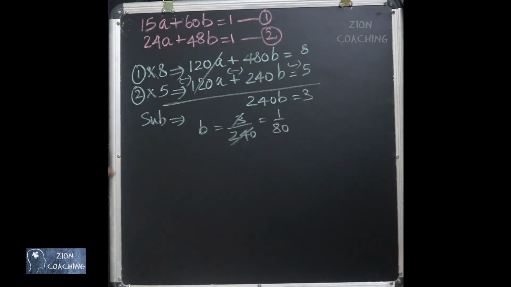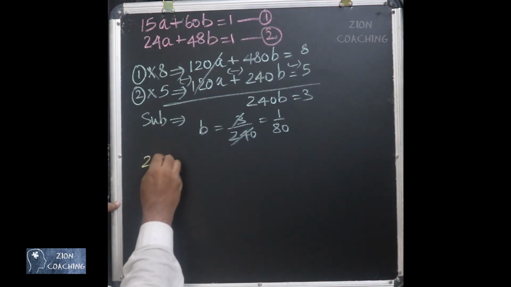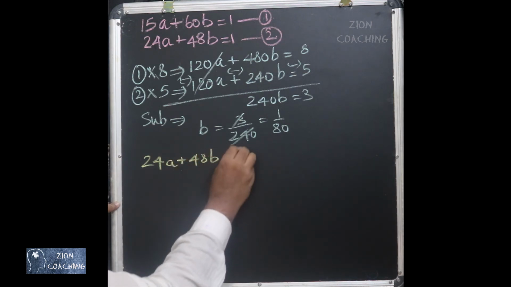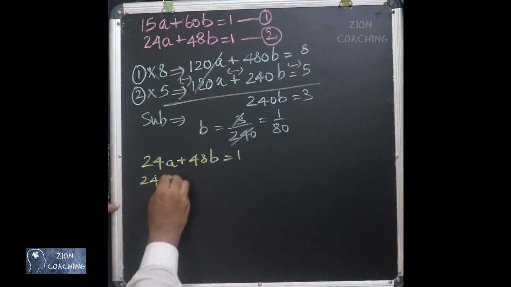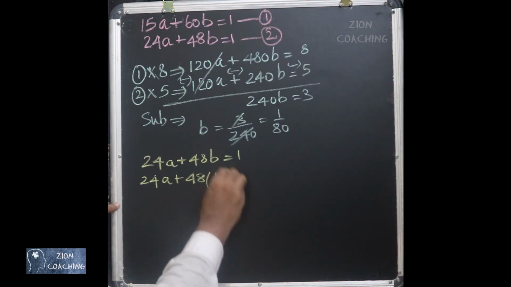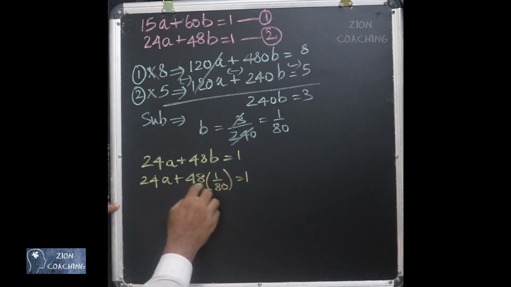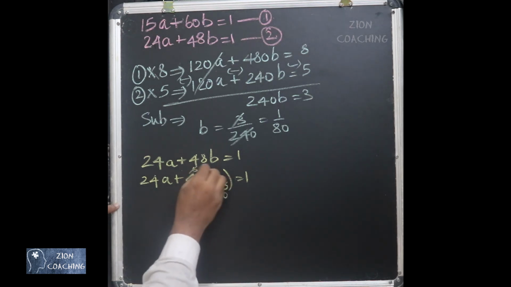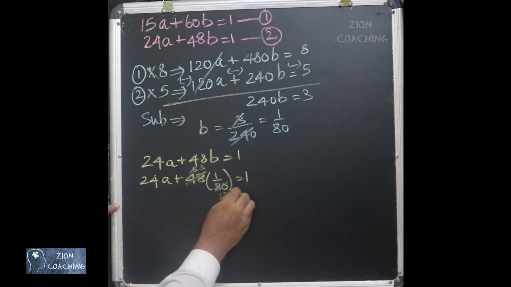Now we have found b value. Substituting this in any one of the equations, we are going to find a value. We have 24a plus 48b equal to 1. 24a plus 48 into 1 by 80 equal to 1. Now dividing both by 8, we will have 6 8s are 48, then 10 times, then again 3 2s are 6, 5 2s are 10.